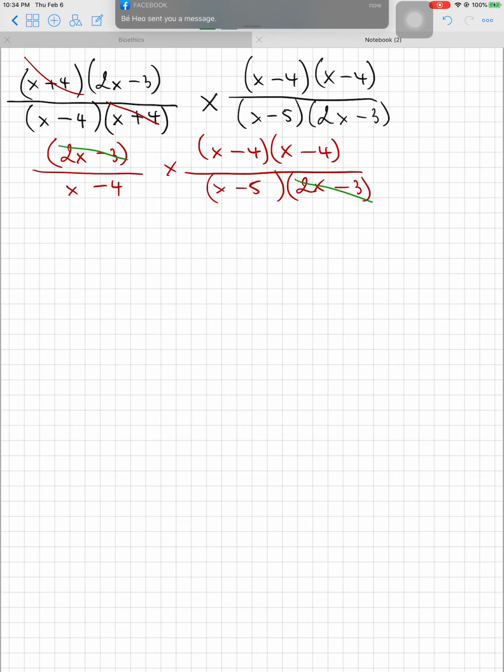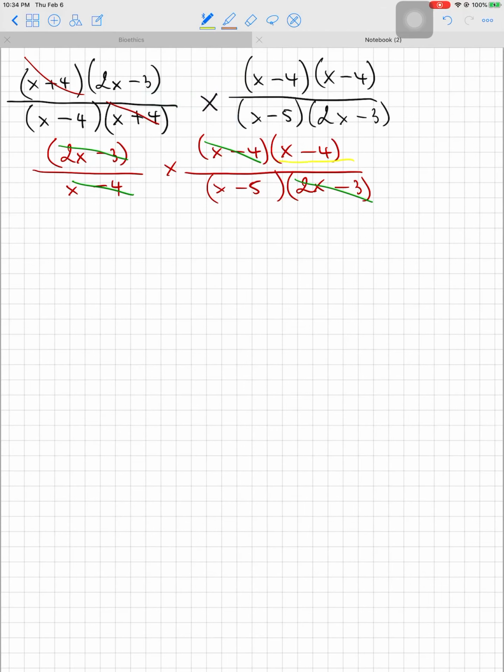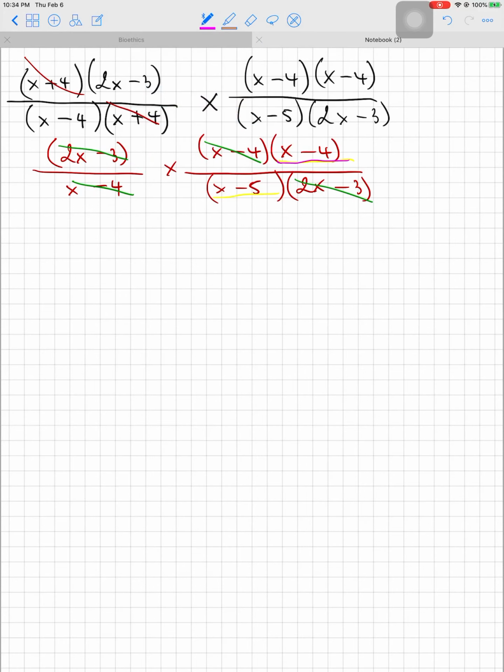Cross this out, we're gonna cross this out. And what we end up with is these two over here. So the final answer is x minus 4 over x minus 5.